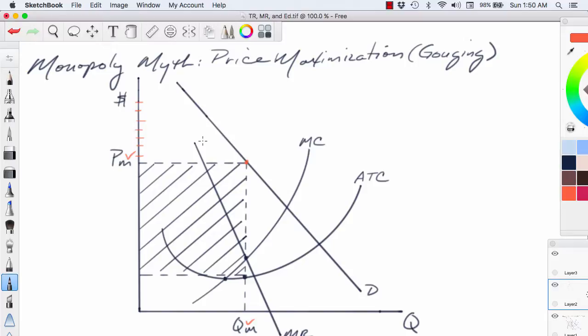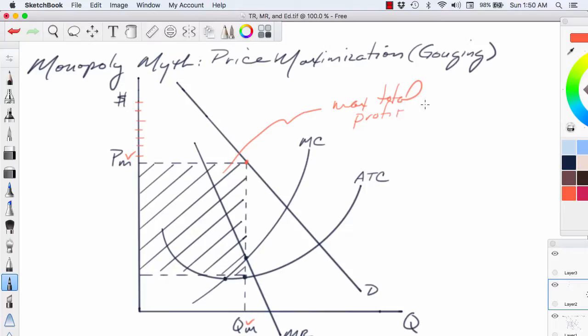It is trying to maximize what? It is trying to maximize its total profit. So this box that I have shaded in is the maximum total profit box.